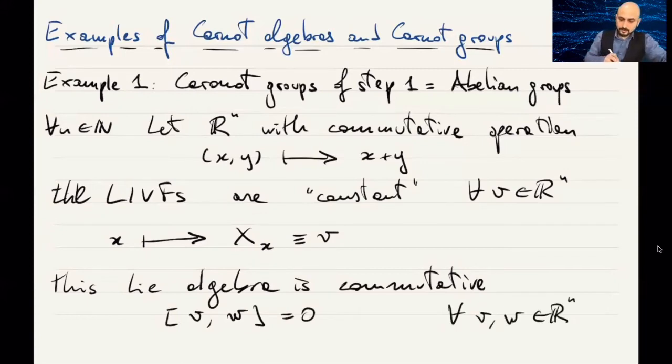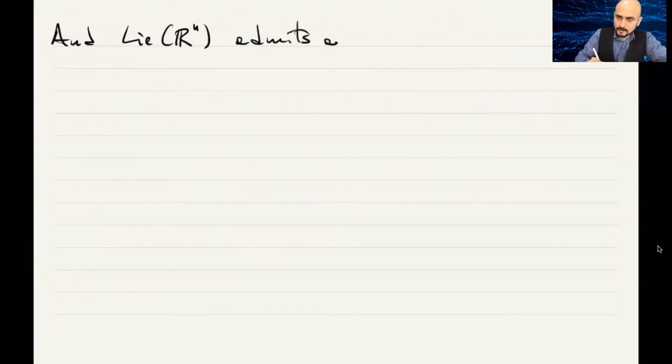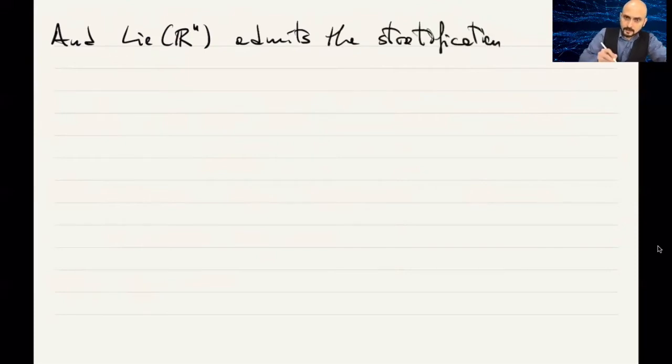And because of this commutativity, the Lie algebra of this commutative Lie group admits a unique stratification, with just one stratum.